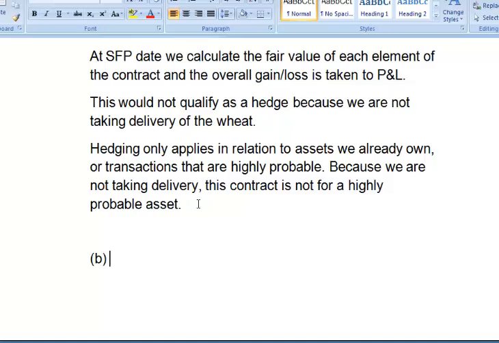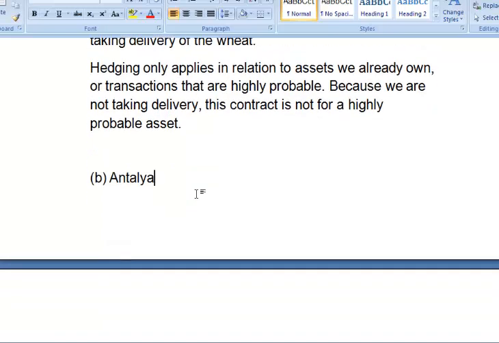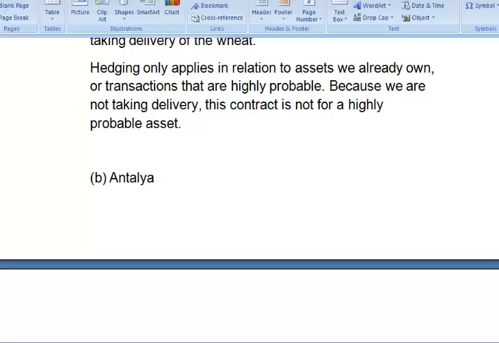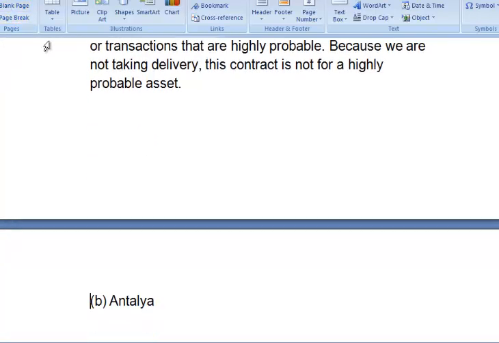So let's now move on to part B. And part B is for Antalya. What's happened is that we have acquired 100% of Antalya in a business combination.